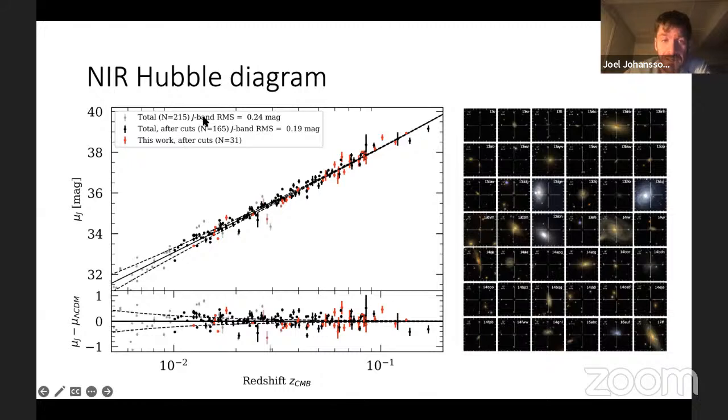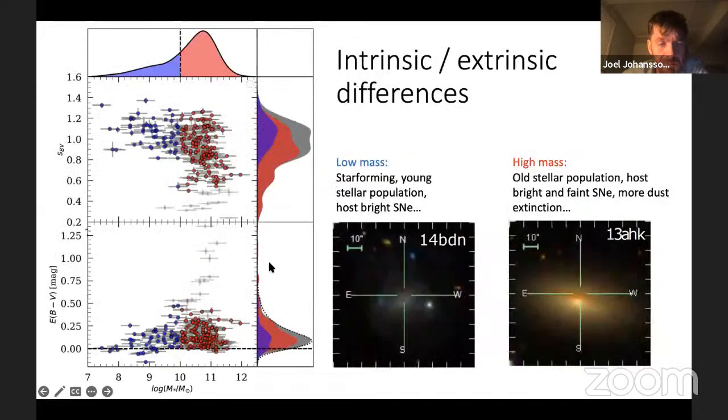You have a really small scatter here around the Hubble diagram, but then we went a bit further and started dividing up our sample according to their host galaxy properties, for instance the stellar mass. If you look at this supernova 14BDN, it exploded in this blue star forming environment. And it was also a supernova that was intrinsically blue, intrinsically bright, and so on.